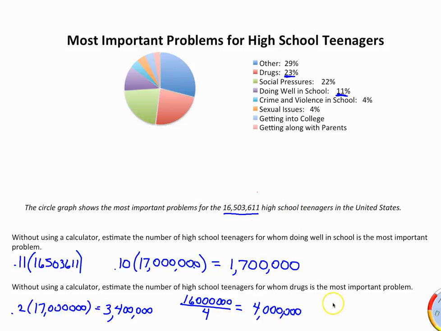Notice I get, for an actual answer, 3,795,830 students. Okay, 4 million, a good approximation for 3.8 million. Okay, and 3.4 million, also not a bad approximation.